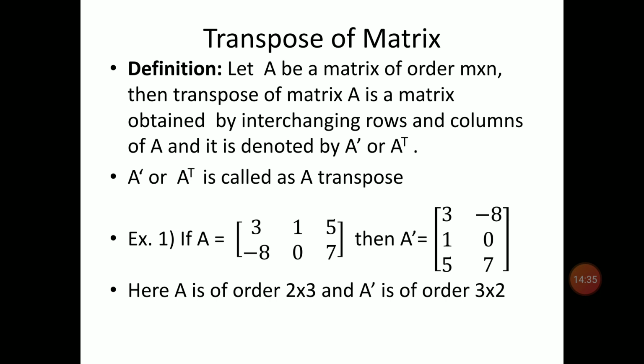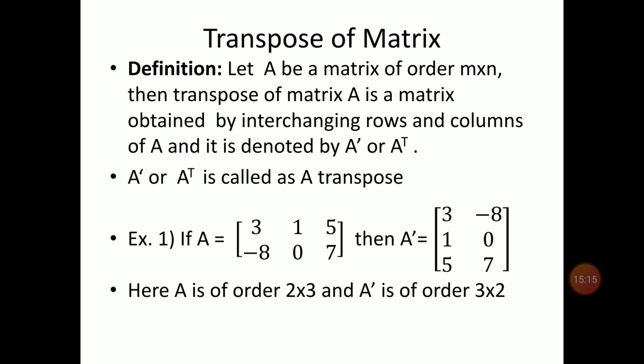The definition is: let A be a matrix of order m cross n, then the transpose of matrix A is a matrix obtained by interchanging rows and columns of A, and it is denoted either by A dash or by A^T. So on the top we write T, and that T stands for transpose of a matrix. So A dash or A^T is called A transpose.